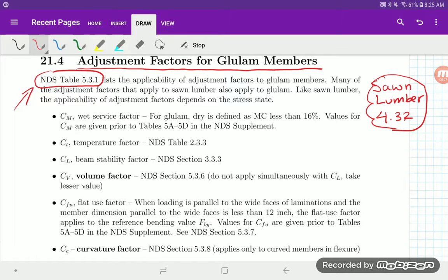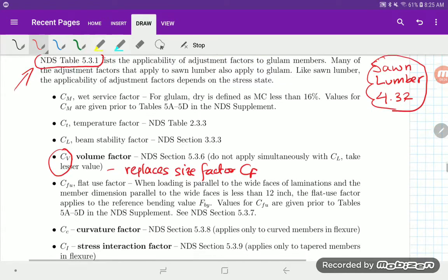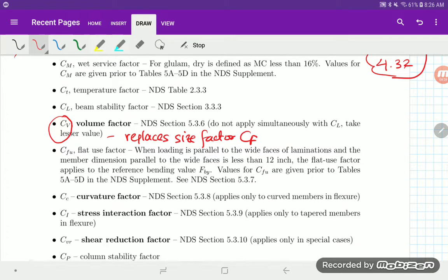The factors are very similar to what we had in sawn lumber. There is a new one, this volume factor. This replaces what we had before, which was our size factor in sawn lumber, the C sub F. And then there are many of them that only show up in very specific cases.